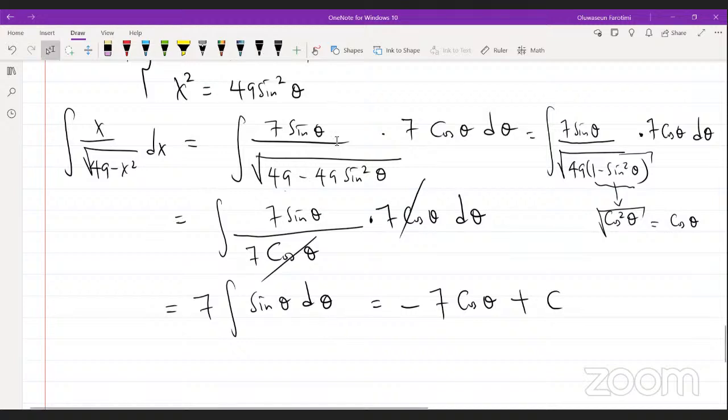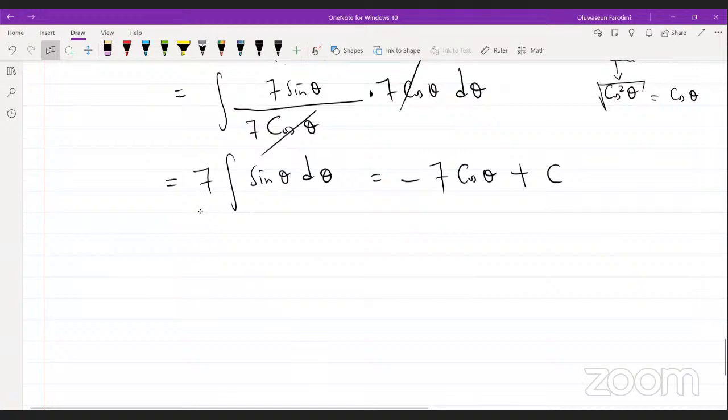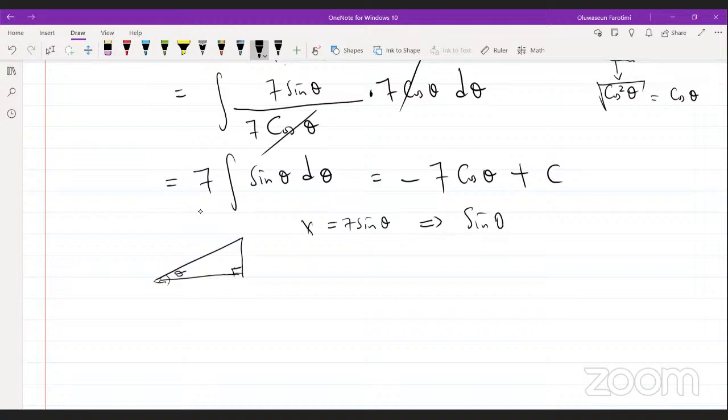So remember, I have to set up my right angle triangle. Okay. This guy is my theta. This guy over here is my 90 degrees. Well, what do I know, guys? I know that my x is actually 7 sine of theta. This actually means that my sine theta is just x over 7.